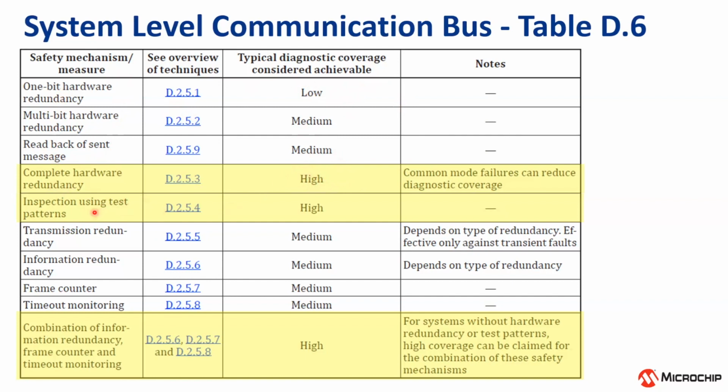Or if we do this extensive test pattern, we can have a high diagnostic coverage. But there's one down here that I really want to point out, and that's a combination of some of the other ones that don't provide medium diagnostic coverage on their own. But when we combine those, we can achieve a high diagnostic coverage. So, for example, here we're talking about information redundancy, frame counters, and timeout monitoring, which we looked at earlier in our example.